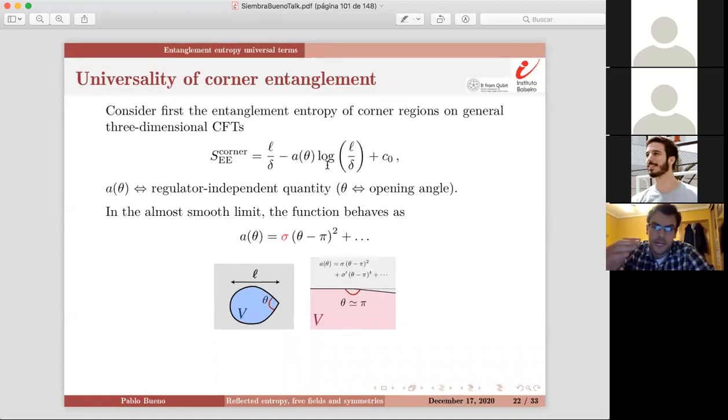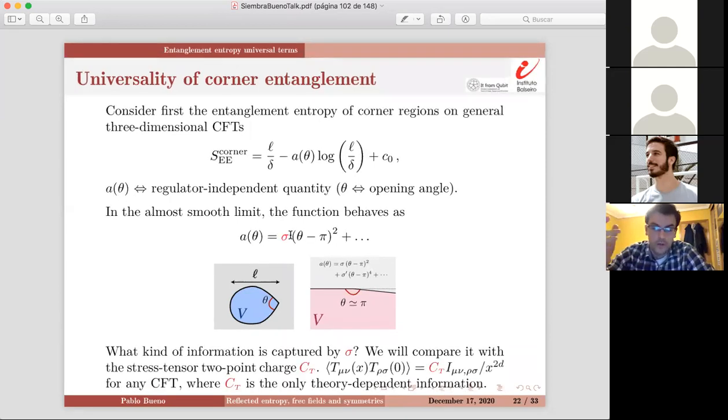And when it's just slightly away from that limit, what you get is this functional dependence, which is general for all CFTs, and you get some quantity that characterizes that regime that is called sigma. We would like to know what kind of information sigma captures about the CFT. I'm going to tell you what we are going to compare it with because I know the answer already: the stress tensor 2-point function charge.